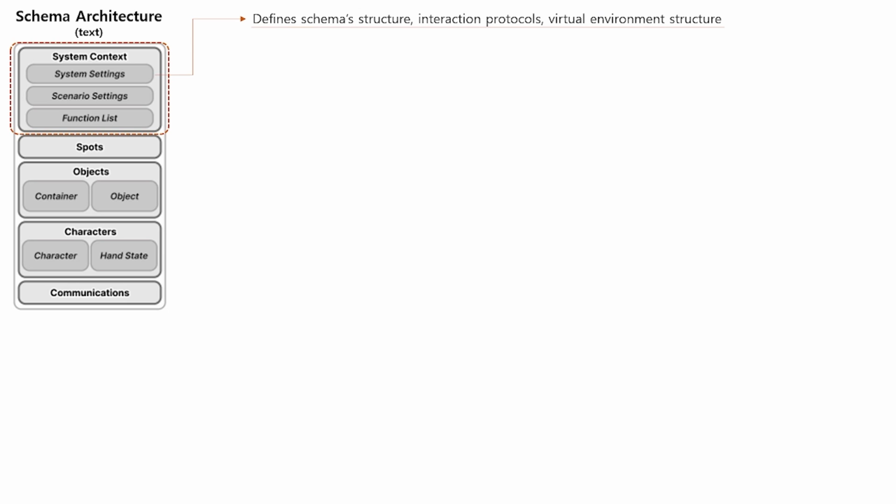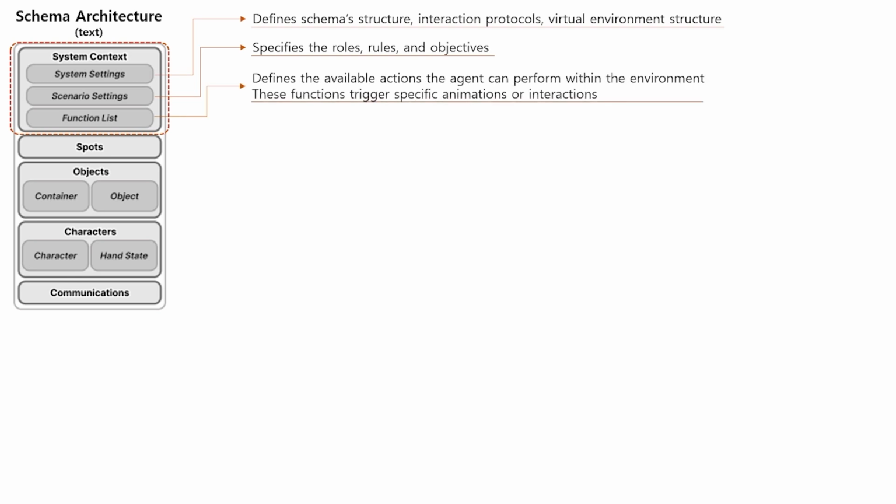System settings define the schema structure, interaction protocols, and the virtual environment's layout. Scenario settings specify roles and objectives. Function list defines the available actions that the agent can perform within the environment. These functions trigger specific animations or interactions, such as walking or picking up objects.